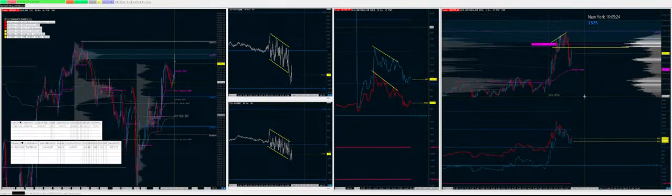I hope that you guys can see the divergence though. Sometimes it takes people a while to pick them up.